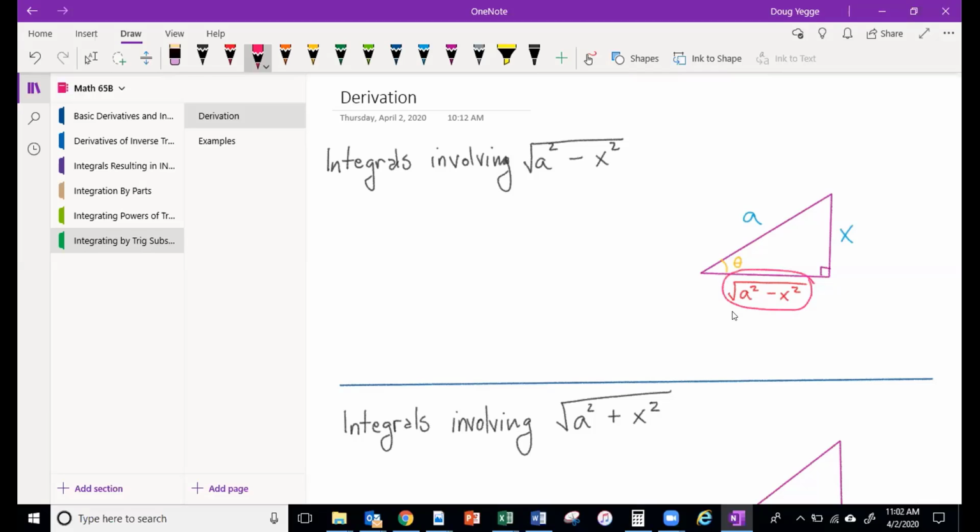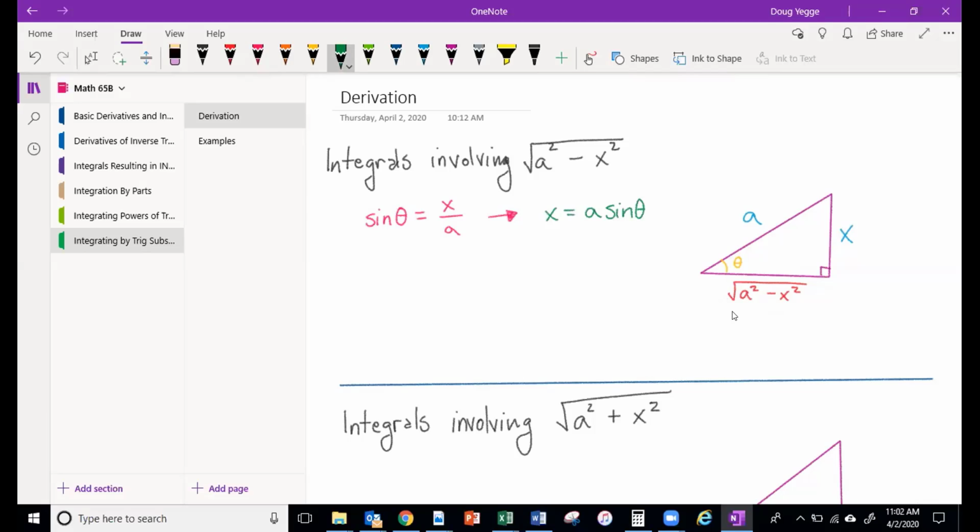This would come from the triangle, sine of theta equals x over a, which means that we have a substitution that x is equal to a sine theta.